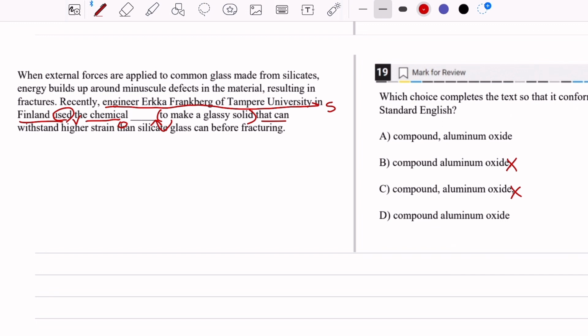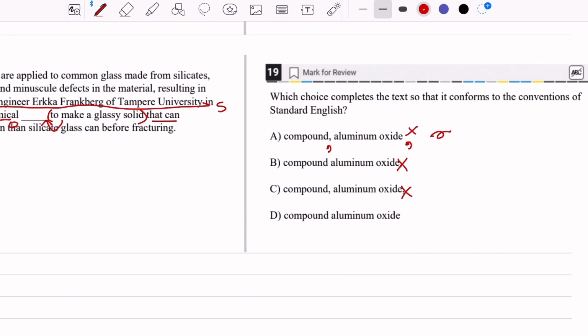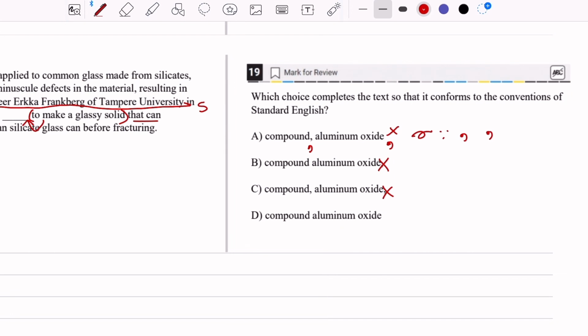And if you want to use a comma, it should be matched. So A doesn't make sense because it should be either using two matching commas, or just not using commas.